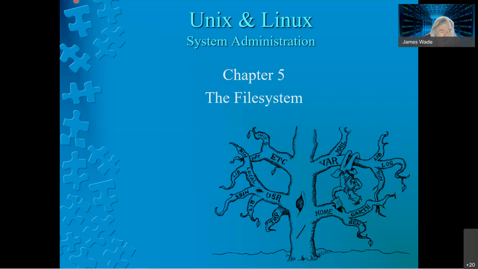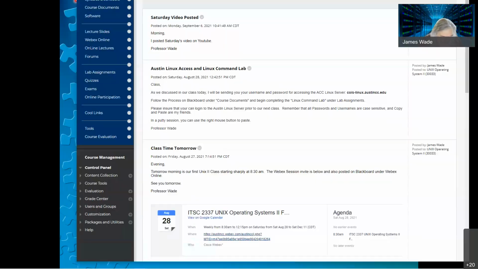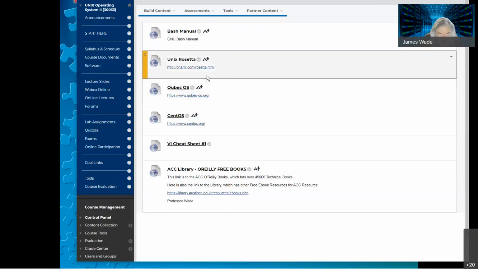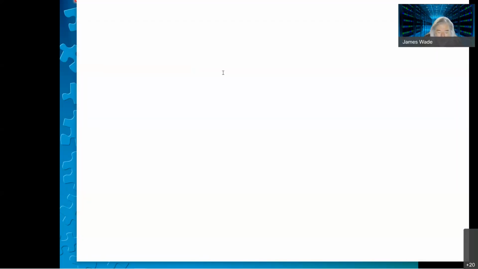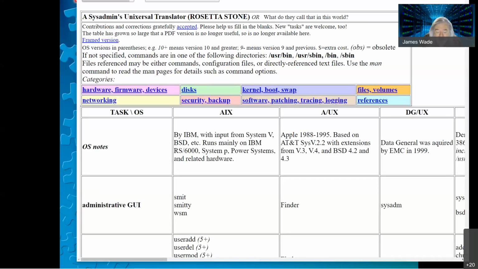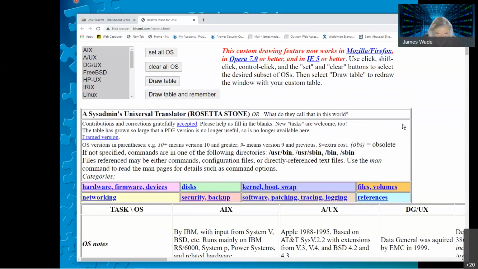I'm going to bring up our site. Here we go. Go to Cool Links. This is probably a little old now, but it's called the Unix Rosetta Stone. So different flavors of Unix. The commands don't change, but some of the configuration stuff changes. Let me see if I can shrink this down.